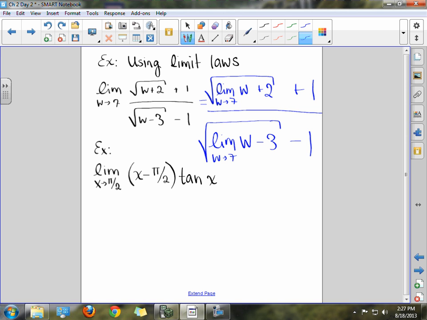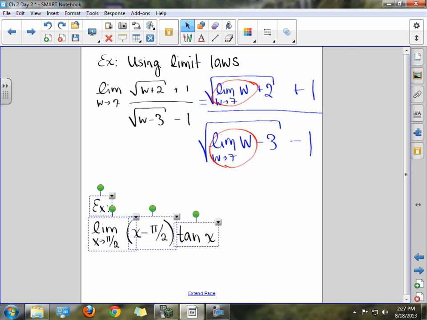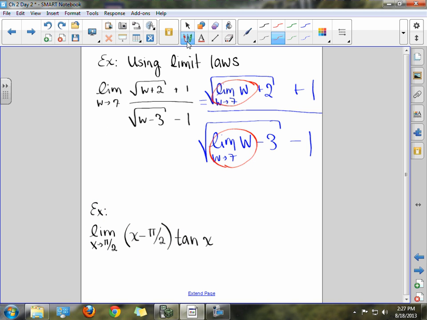Now I know that the limit as w approaches 7 of w is just 7. This is also just 7. So I can just plug and chug and see what I get. This ends up being the square root of 7 plus 2 plus 1 all over the square root of 7 minus 3 minus 1.